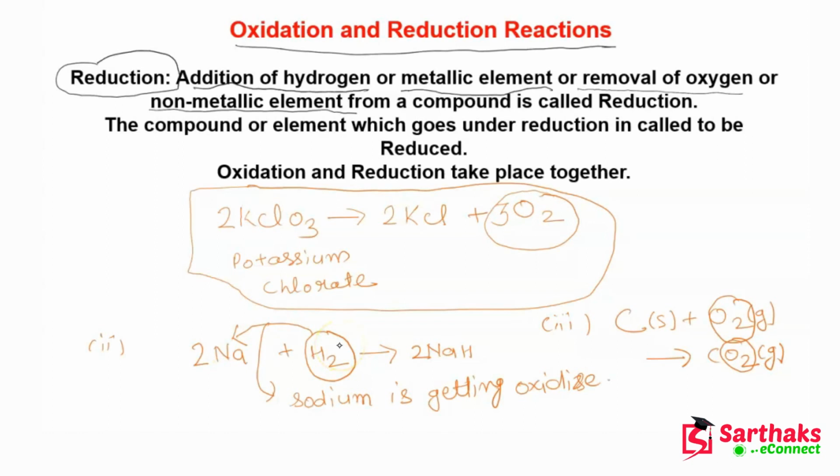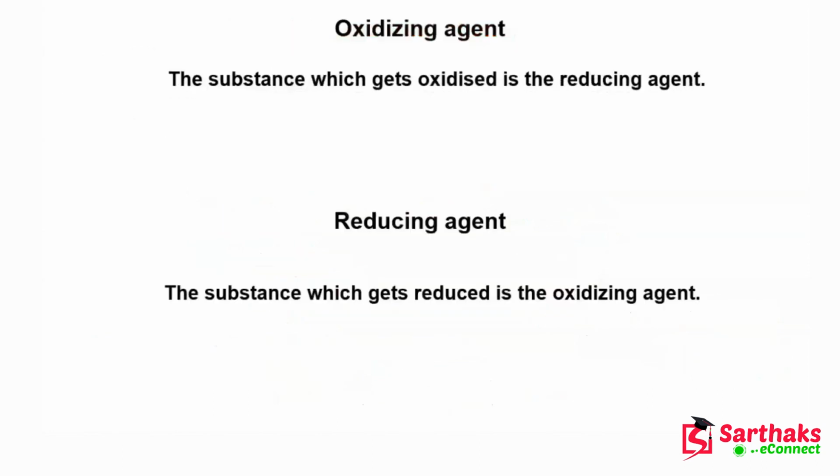Now, guys, you can see that this reaction is completely balanced. Now these are examples of oxidation and reduction reactions. I hope, guys, these points are clear to you. If these points are clear, let's move on to the next slide.